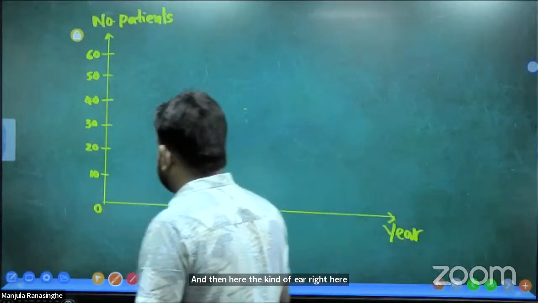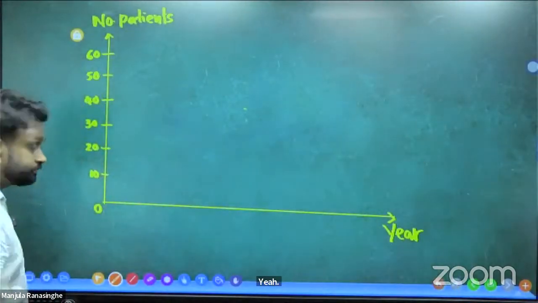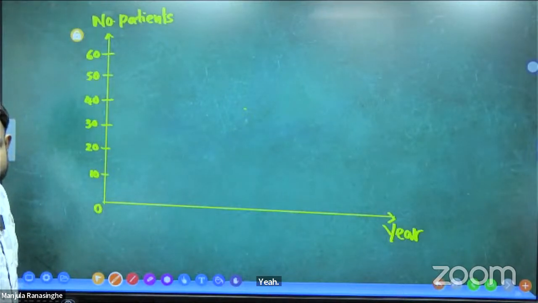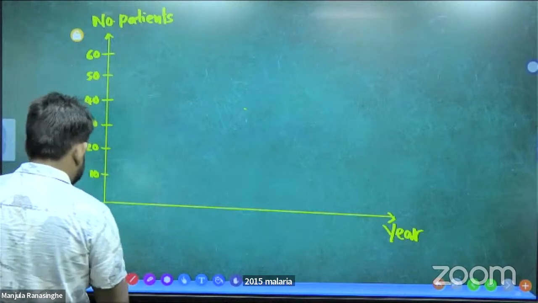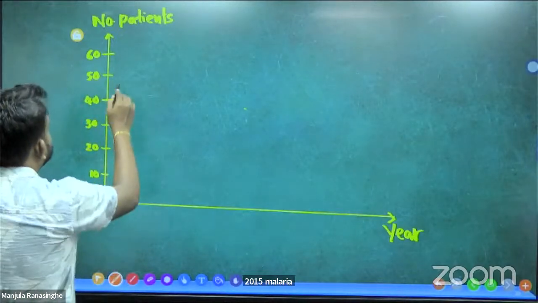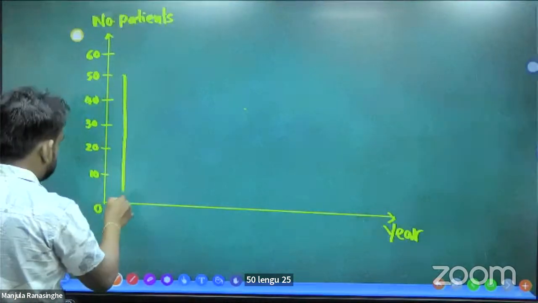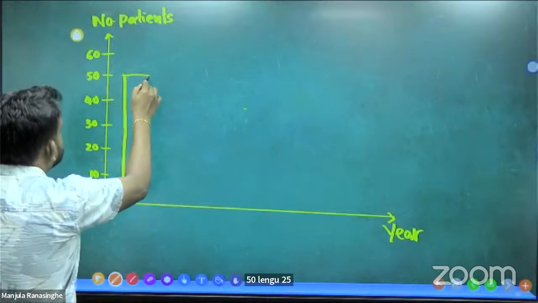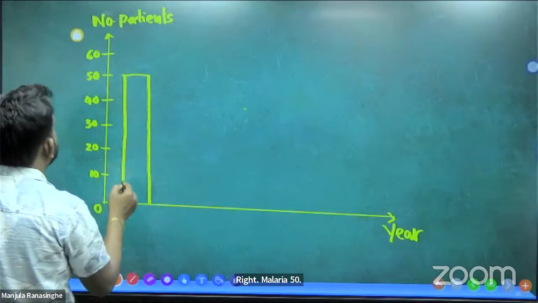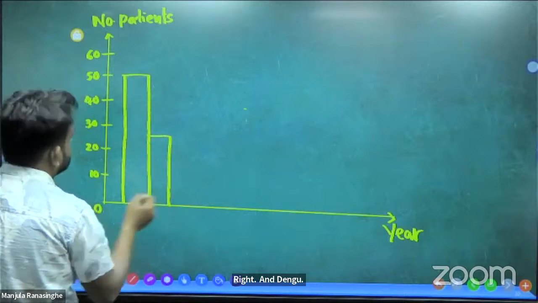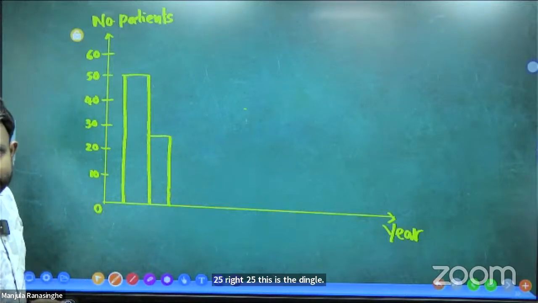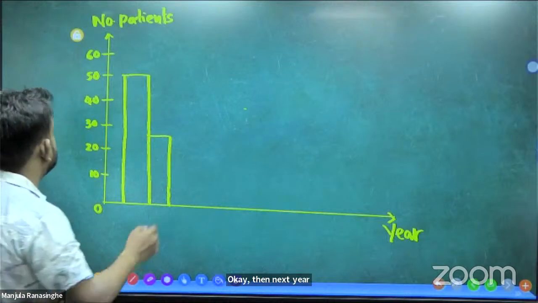And then here the year. Then we will check the first one: 2015, malaria 50, dengue 25. Right, malaria 50, and dengue 25. This is the dengue. Then next year, malaria 40 and 40.